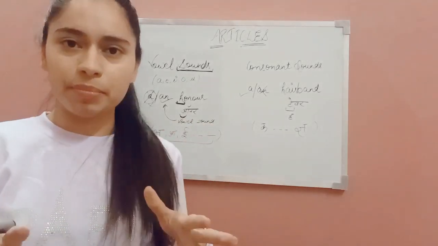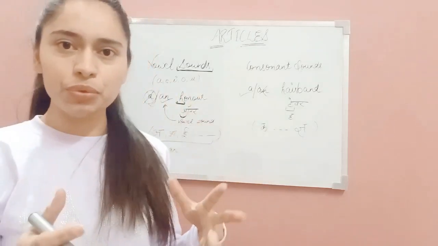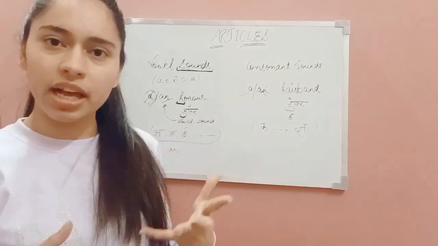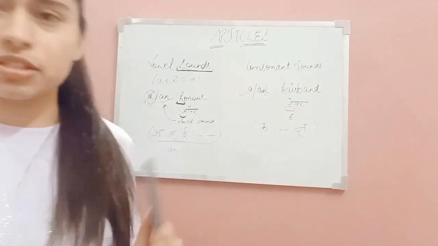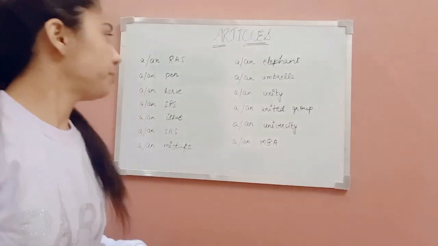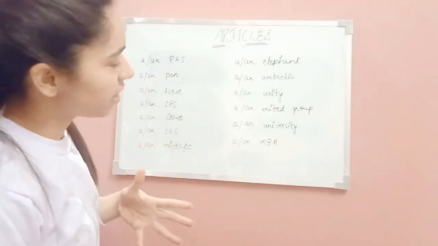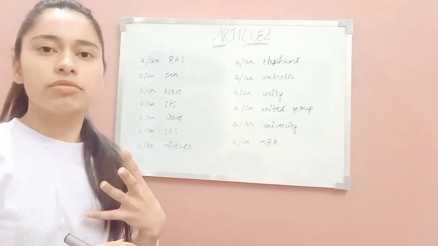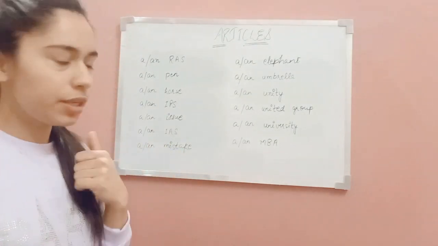I'm going to give you some examples now, and you will see if the concept is clear to you or not. If not, those examples will give you more clarity on how and when to use A and AN. So I have some examples here for you guys with which you can test if you have a clear understanding of the concept or not.